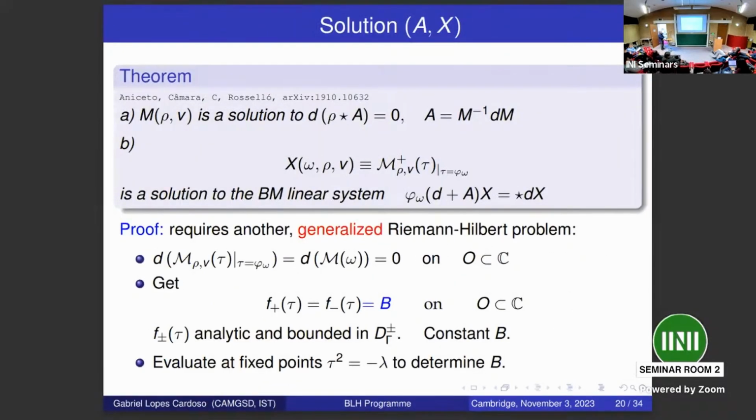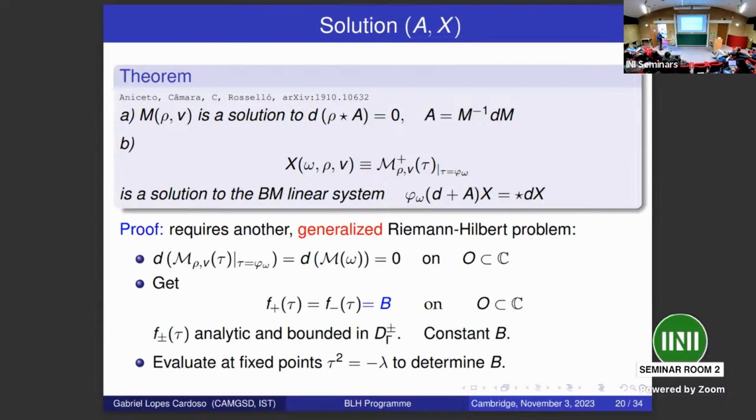Now you can massage this, and you realize that this expression becomes a statement about two analytic functions, f plus and f minus: f plus analytic and bounded in the interior of the curve, f minus analytic and bounded in the exterior of the curve, and on the curve they have to be equal.